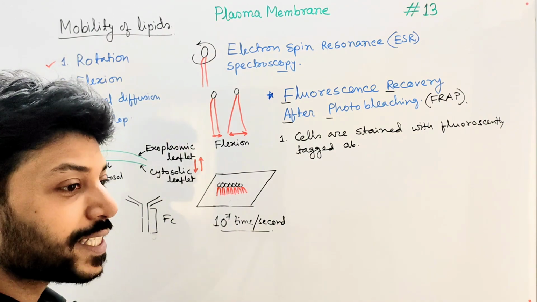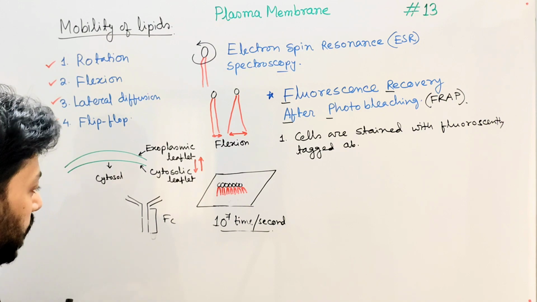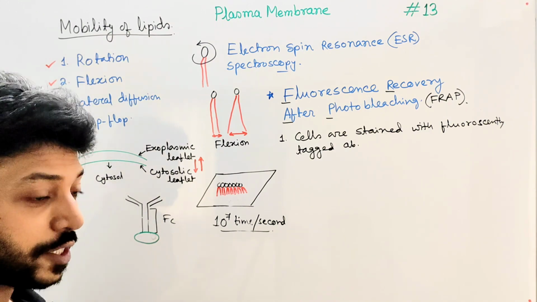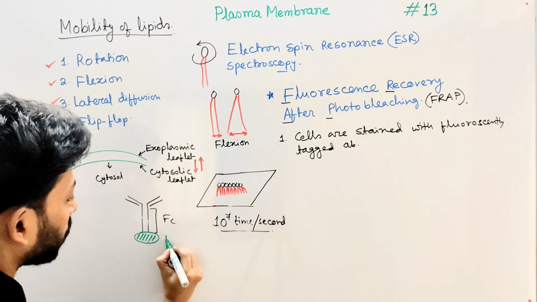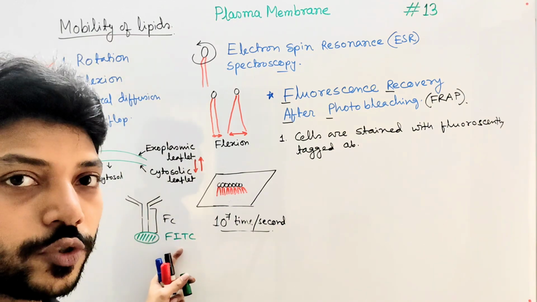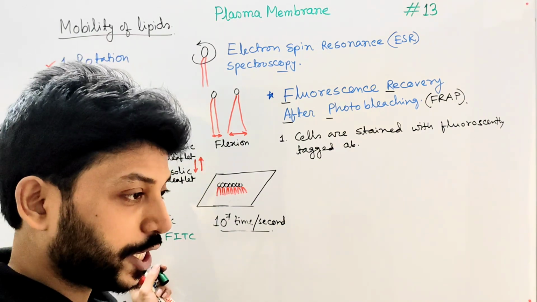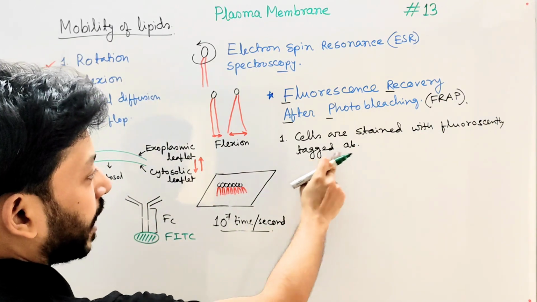Now, a fluorescent tag is attached to the Fc portion of the antibody. It could be red, green, or any color. Let's suppose this is green in color, so the fluorescent tag will be FITC. So this is called a fluorescent tagged antibody.